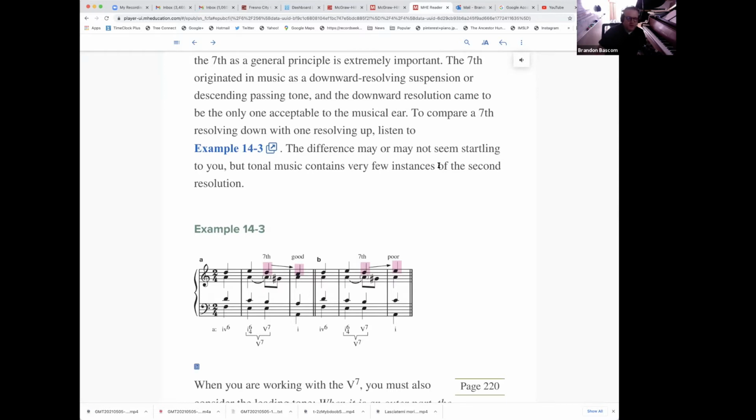The 7th of the chord, the 7th of the dominant chord, is a scale degree 4. And it's fa going to mi. Are you with me? Here we are in A minor.